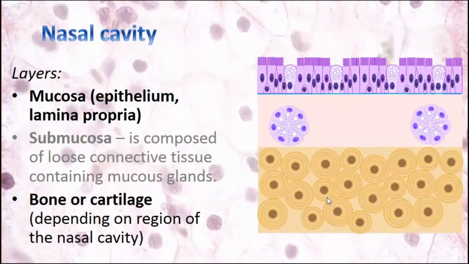And deeper we have bone or cartilage, according to the anatomical localization of the part of nasal cavity, depending on region. It may be bone, which forms nasal cavity, or cartilage, mainly hyaline, which forms part of the nasal septum, and its basis, which underlies mucosa and submucosa of nasal cavity.